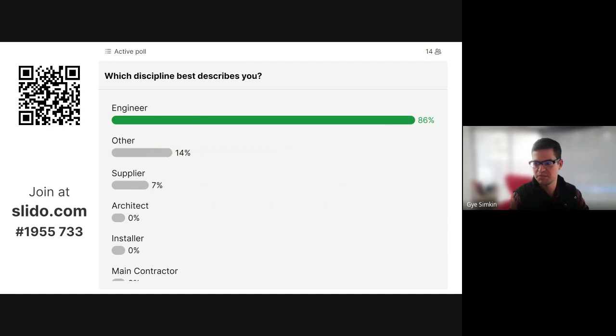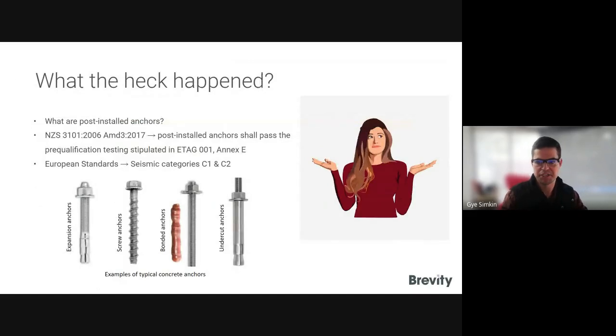Looks like the majority of the audience are falling into the engineer category. We have some suppliers and perhaps some other. Awesome. All right, let's jump into the presentation.